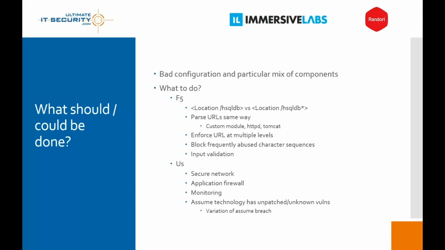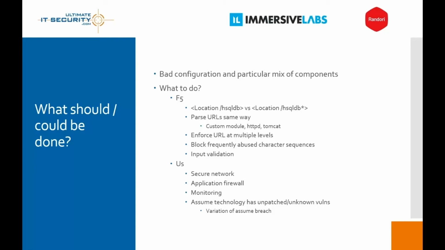And we haven't talked too much about HSQLDB. We've been focusing on login.jsp, but it's kind of the same thing there. At the end of the day, if they had just made absolutely sure that as far as the path portion of your URL, you could only request tmui/login.jsp, and that's it as far as the path, I think we would have been protected.